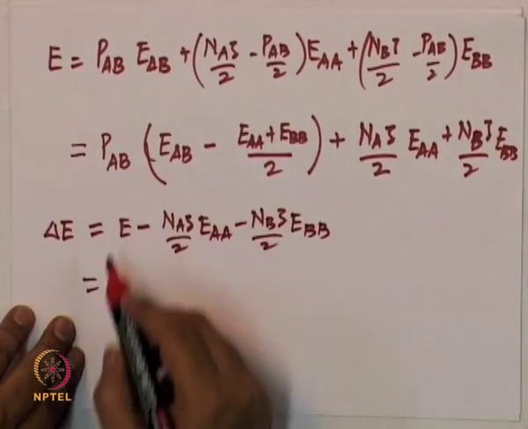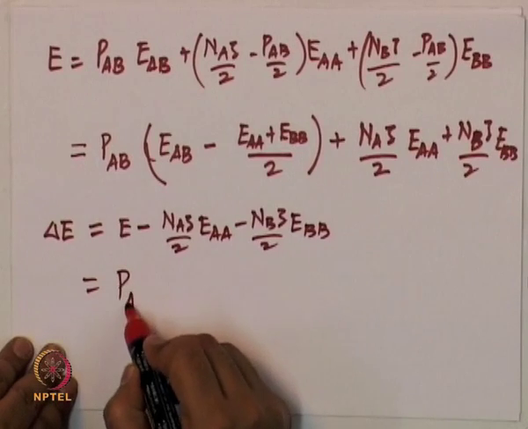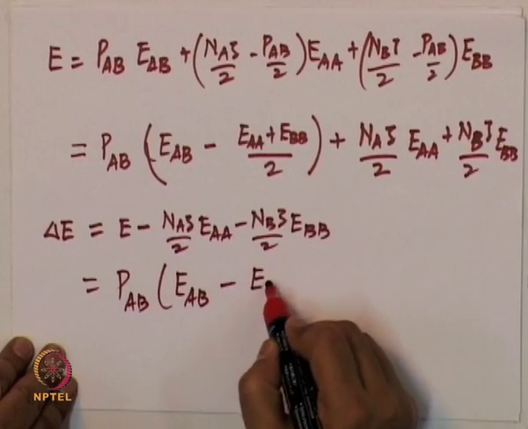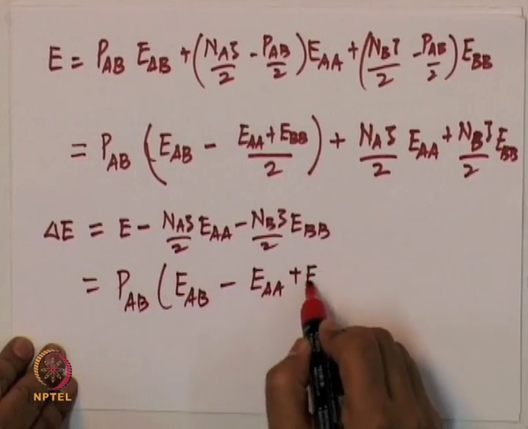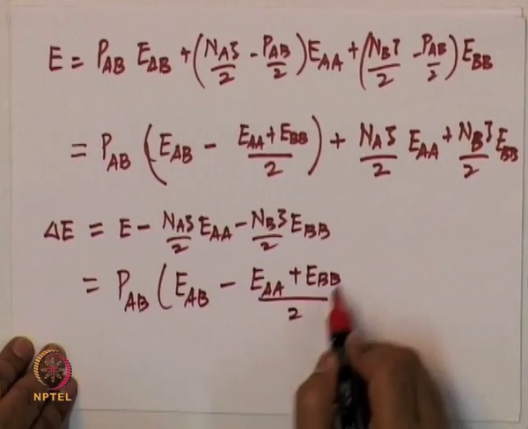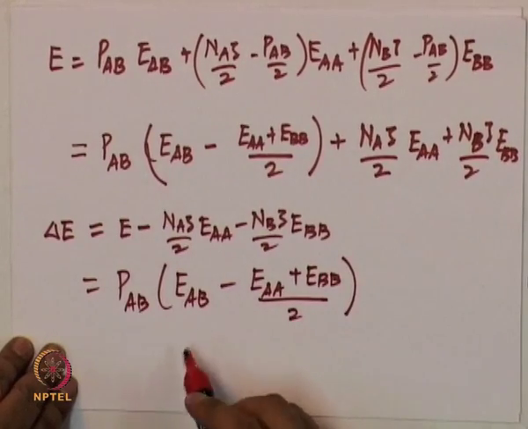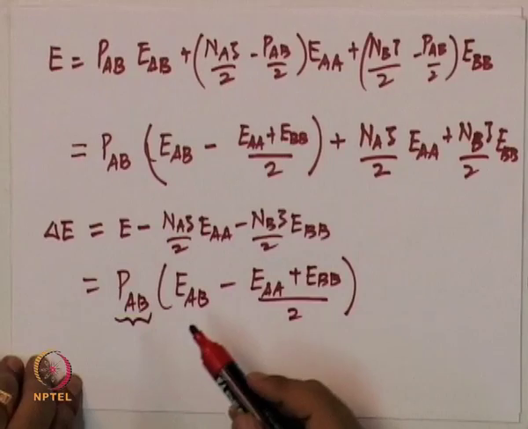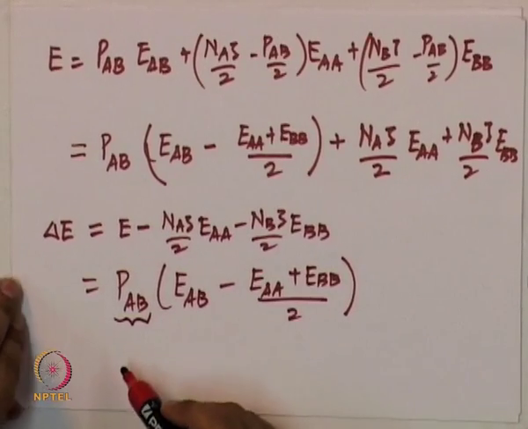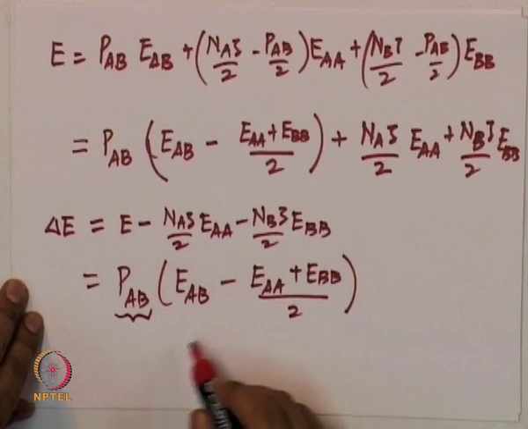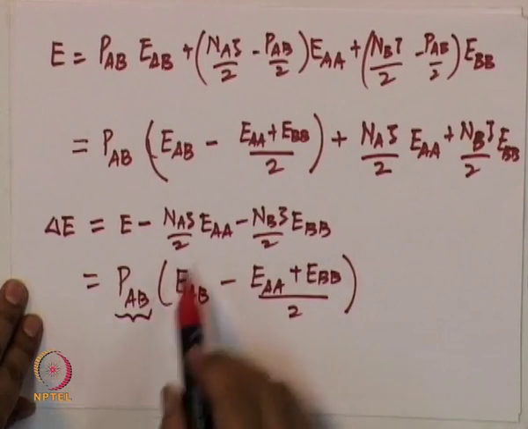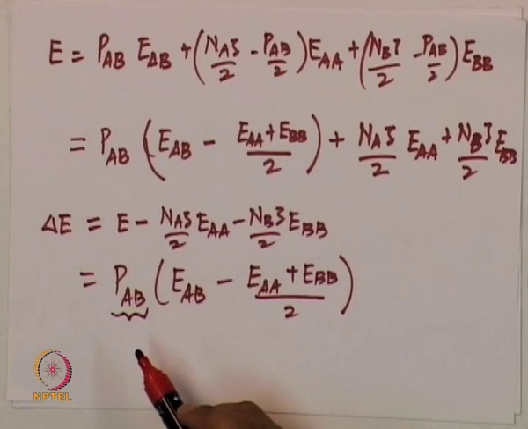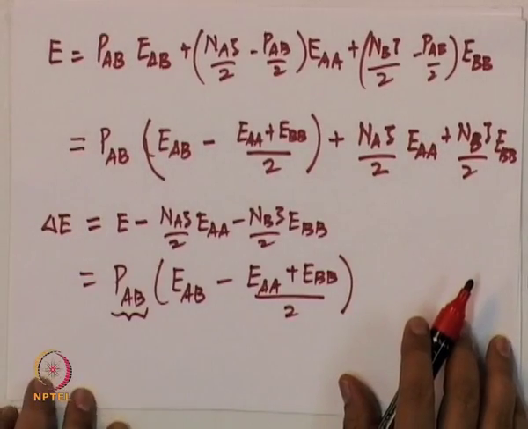So, that basically gives you PAB times EAB minus EAA plus EBB by 2. Okay, now if we can write PAB, then we have delta E, which was written as omega XA XB. So, we need to calculate PAB, then we are through. So, how do we get PAB?